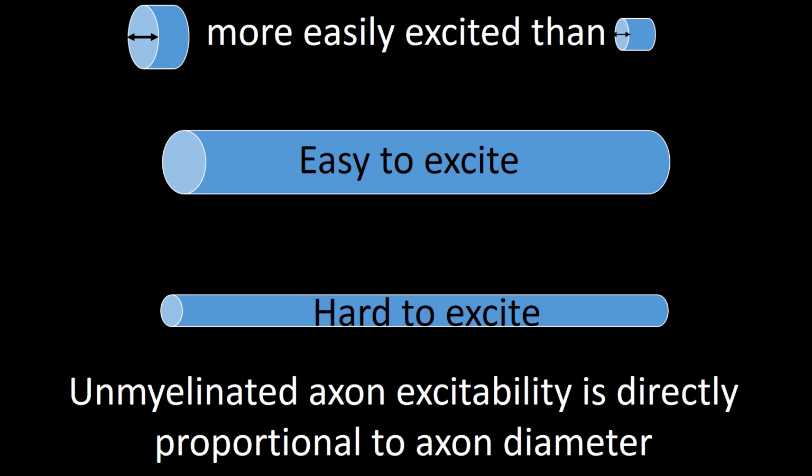The second factor relates to axonal size and presence or absence of myelin. In unmyelinated axons, excitability is directly related to the diameter. Axons with larger diameters excite with less intensity of stimulation than those with smaller diameters.